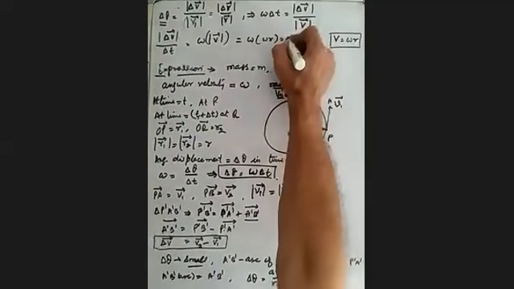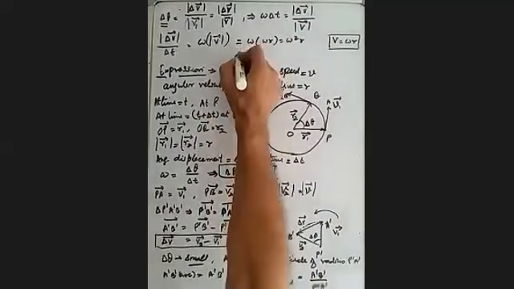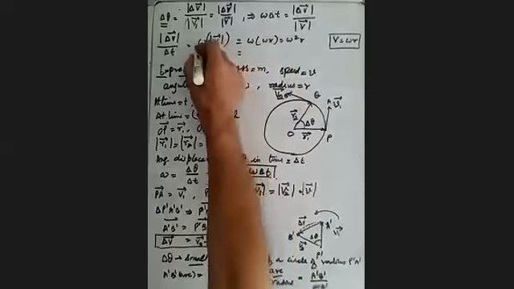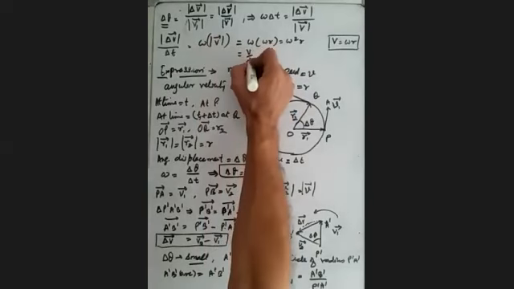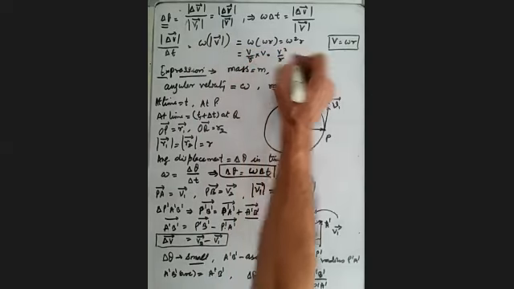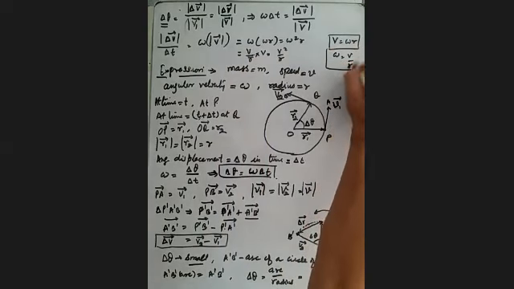So it is equal to omega square r, or we can also use v only and make it v by r, into v, so v square upon r. So this also we can use. We are getting two expressions on the right hand side, which are the same thing.